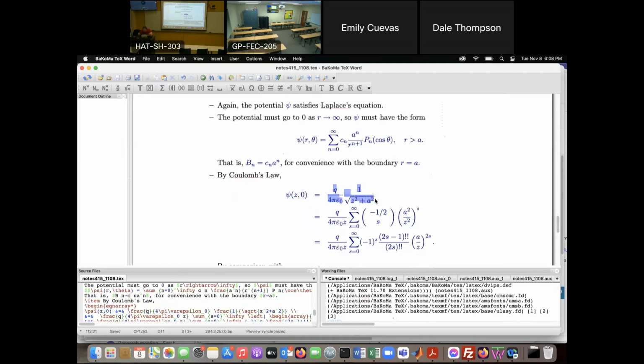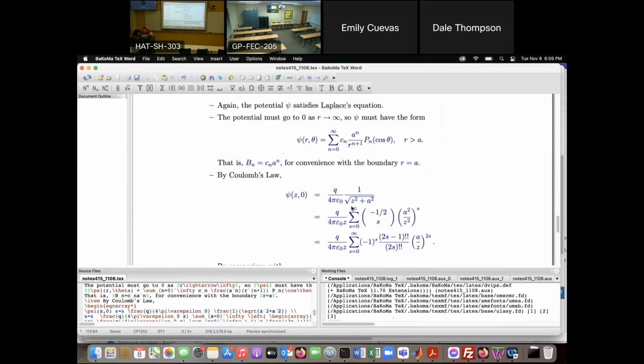So I take this expression for the electrostatic potential, and here with theta equals 0, this is in the xy plane, but the radial variable is set to z. So this is what Coulomb's law gives us.